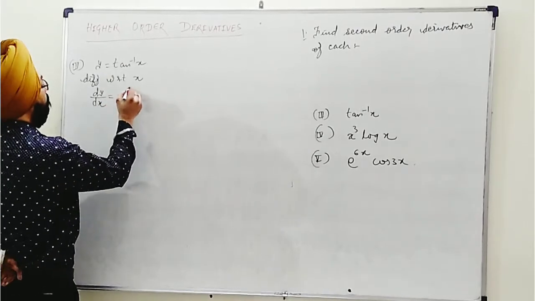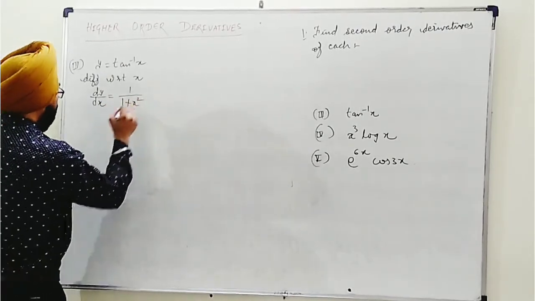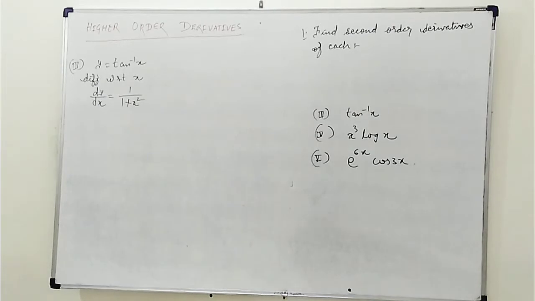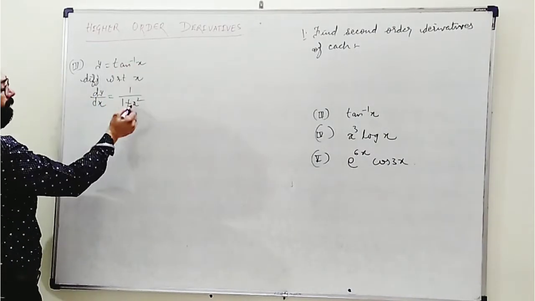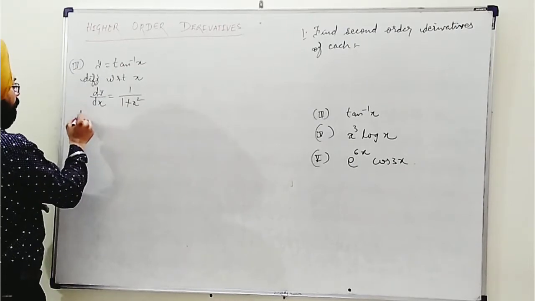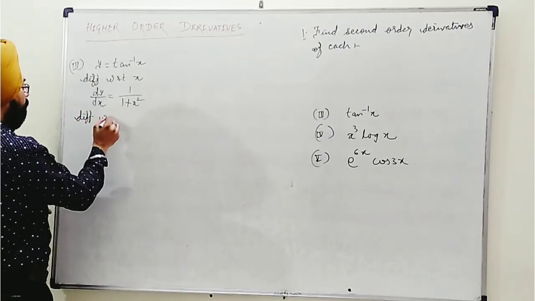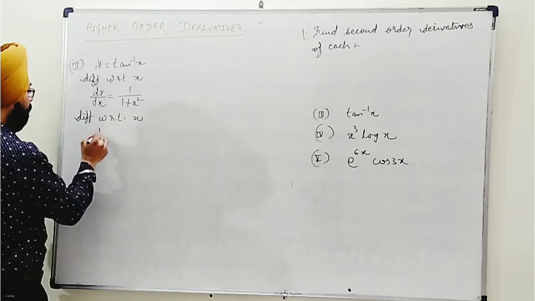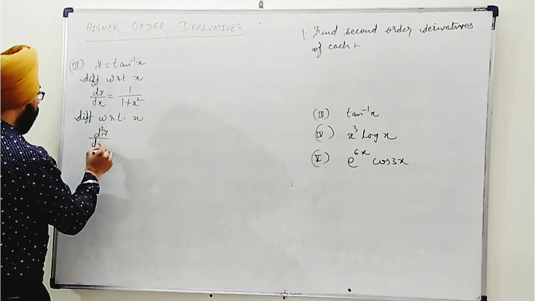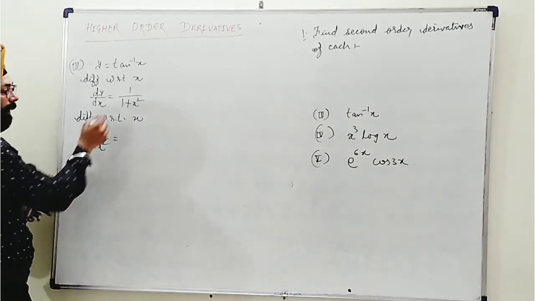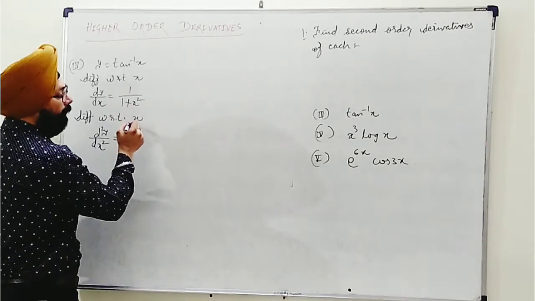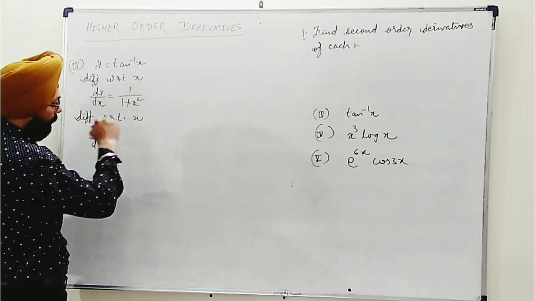This will become 1 upon 1 plus x square. We have obtained. Now as soon as I differentiate, this converts in algebraic form, you see. Now if I differentiate with respect to x, so d square y by dx square, by rules, what will you do?